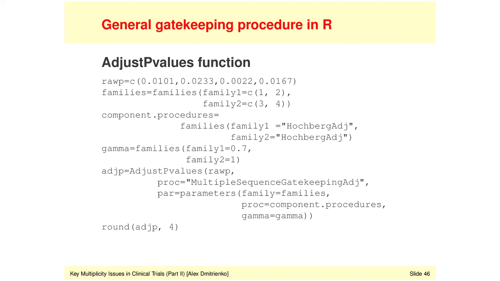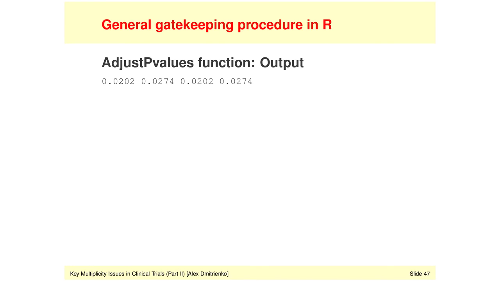We're now ready to call the adjust p-values function. We simply pass all of the objects that we have defined so far to this function. This function processes the results and it outputs a vector of adjusted p-values. Those p-values will be printed on the next slide. We see that the adjusted p-values produced by this R function are identical to those produced by the mixedGate macro.